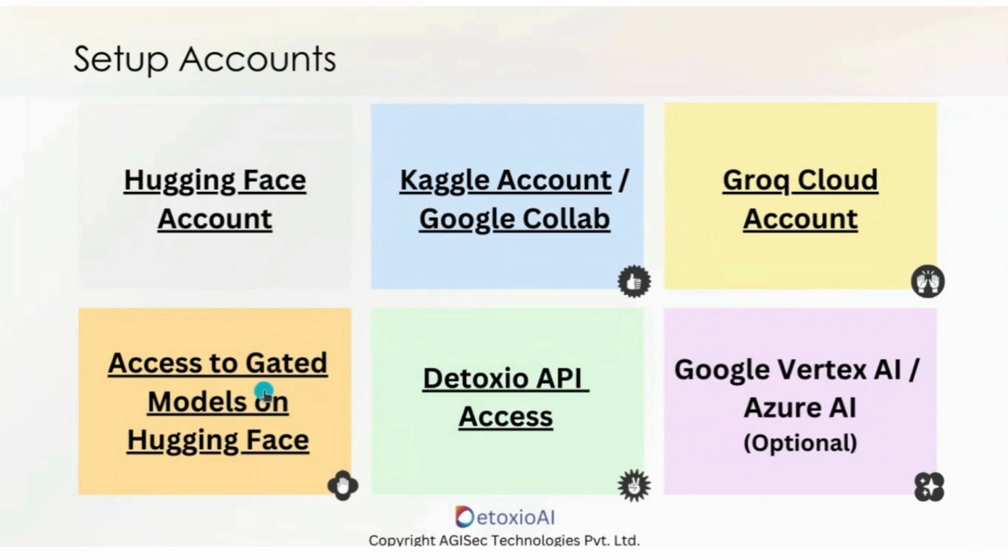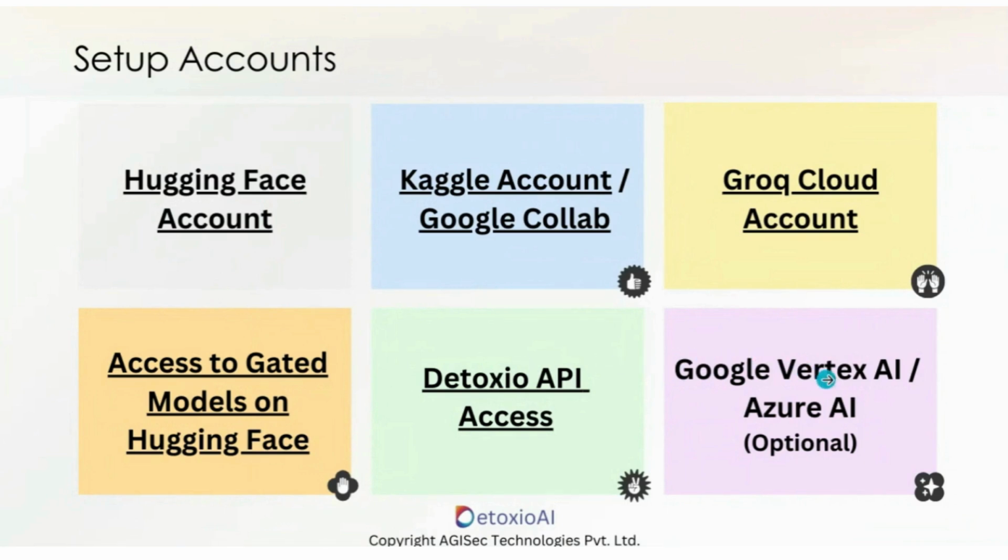We will also see how to get access to gated models on Hugging Face. Finally, we will see how to get access to Detox API keys that will give you access not only to various kinds of prompts, but the ability to evaluate models and also, in a way, access to OpenAI APIs too.